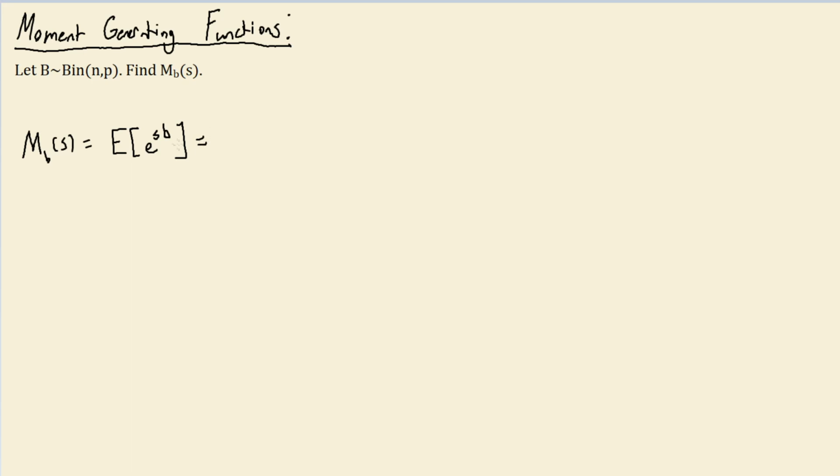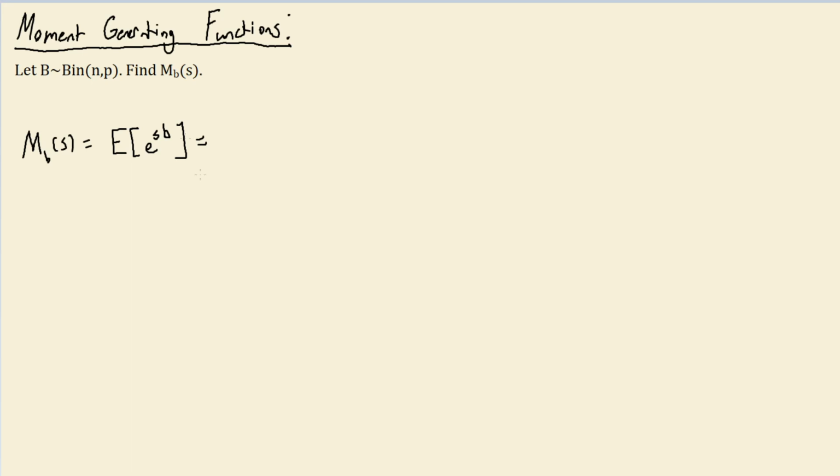The important thing is that according to the law of the unconscious statistician, the expected value of some function here with that dummy variable is just going to be equal to, you would sum across all possible outcomes of the random variable, that function evaluated at that random variable, and then you want to multiply by the probability mass function in this case because we're dealing with the discrete distribution evaluated at that same variable.